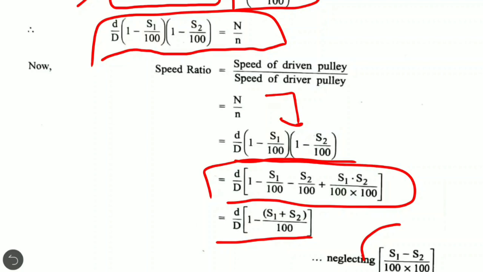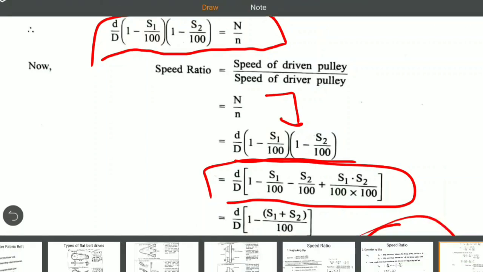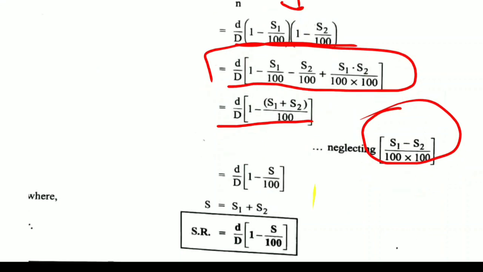Therefore, our equation for the speed ratio is d1 by d2 in bracket 1 minus S1 plus S2 divided by 100. Of course, S1 plus S2 means total slip. So, therefore, I have written here that total slip S, instead of S1 plus S2, capital S, total S, that is 1 minus S by 100.